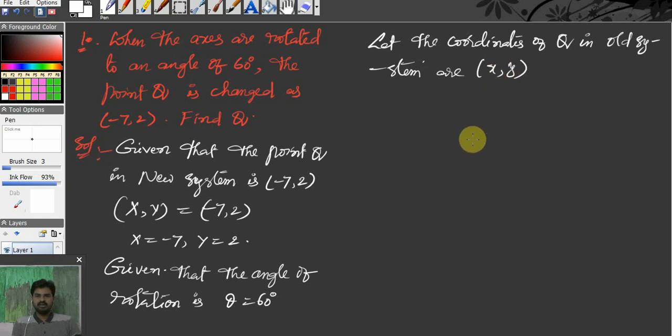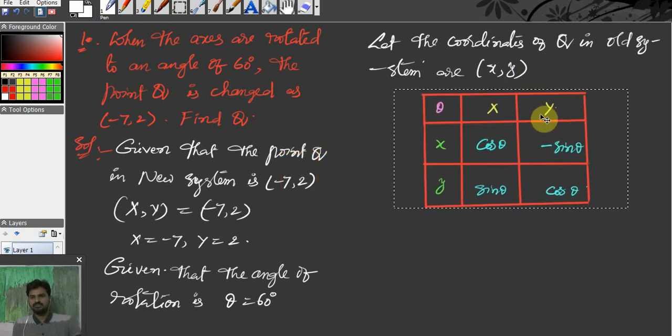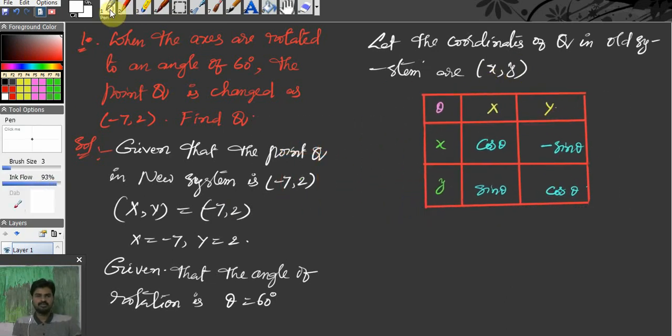To find either the new system or the world system, first you need to remember the table. To find small x, go row wise. Small x is equal to capital X cos theta, minus capital Y sin theta: the first is multiplied by capital X, the second by capital Y, and then add, with a minus sign here.